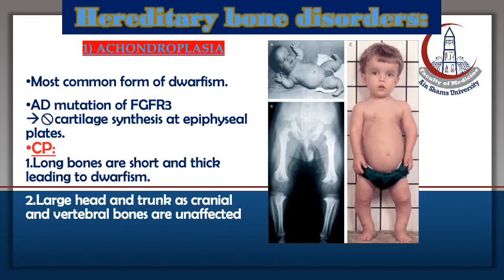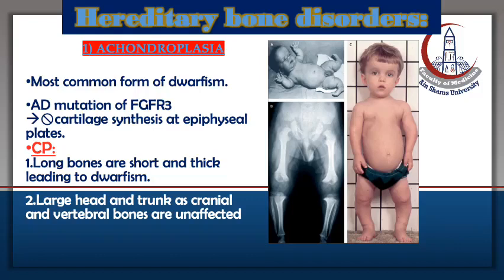It's an autosomal dominant mutation. The defect here is present in the fibroblast growth factor receptor number 3. This would inhibit the cartilage senses at the epiphyseal plates, so the long bones cannot gain length during growing up.